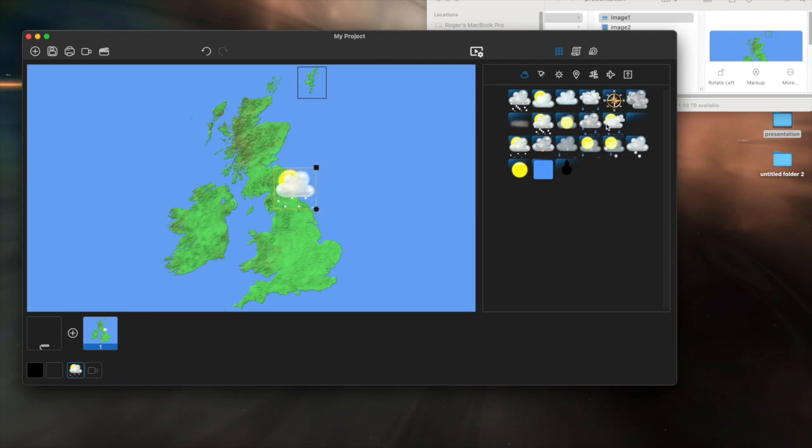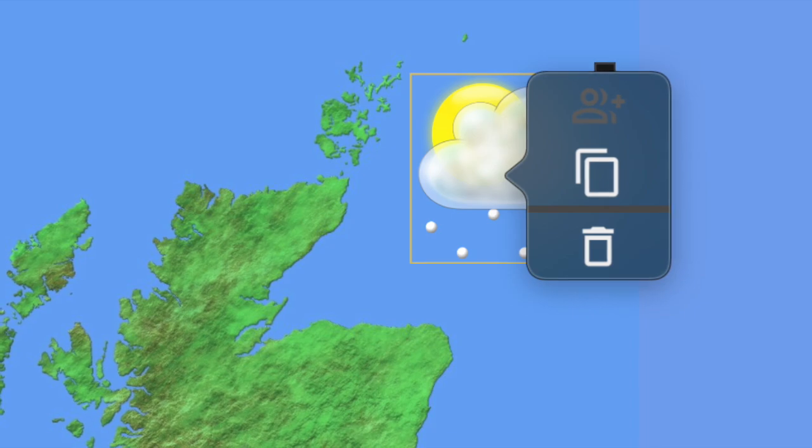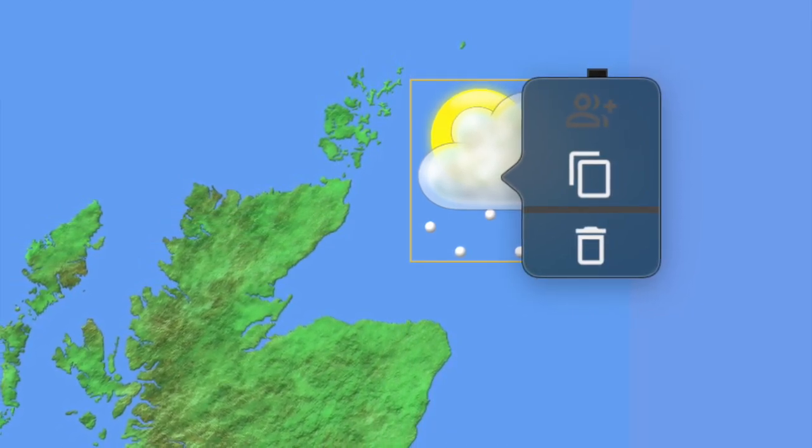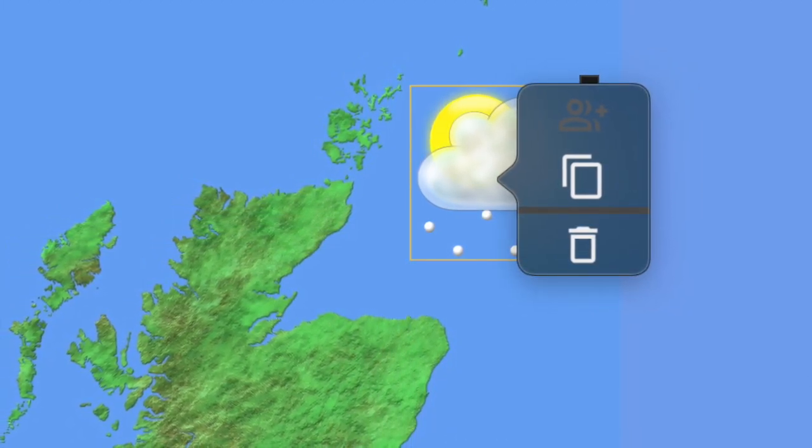Let's just drag a few more symbols on. Right-clicking a symbol opens a menu that allows you to duplicate or delete the symbol.